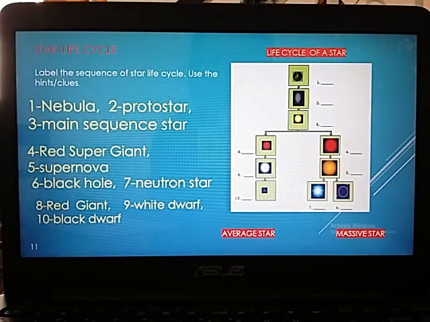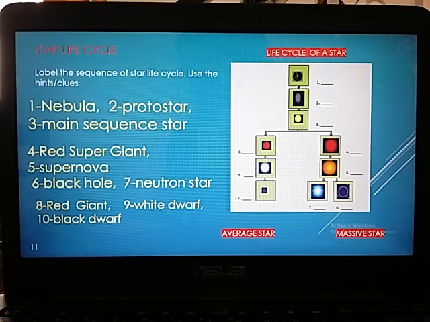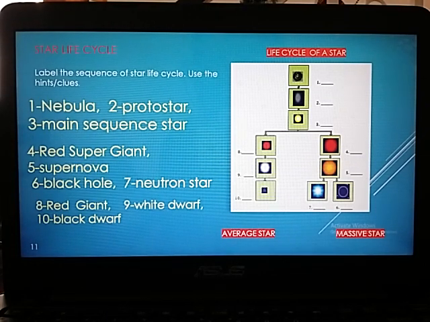So before that, let's study the life cycle of a star. Ba't kaya kailangan nating pag-aralan ang life cycle of a star? Sa tingin nyo ba, may bearing ba to sa formation of elements?